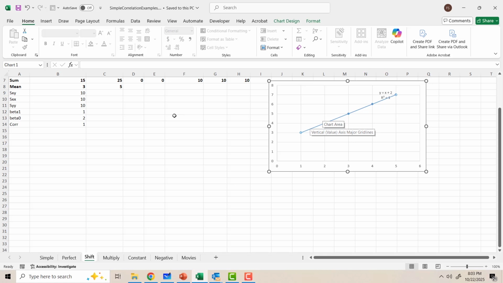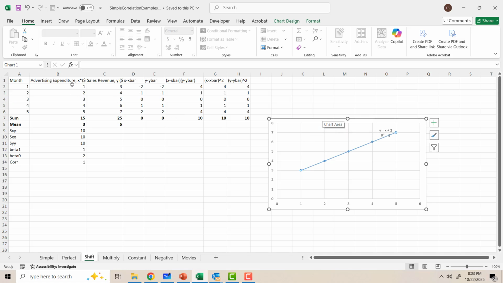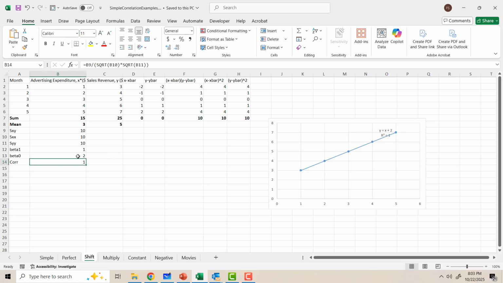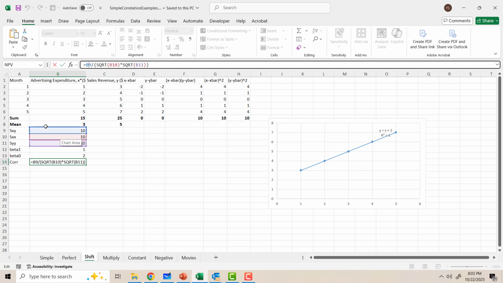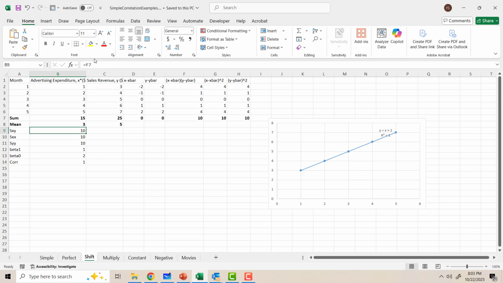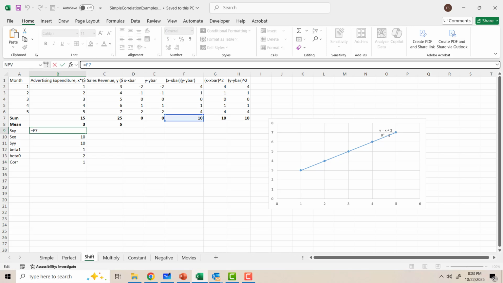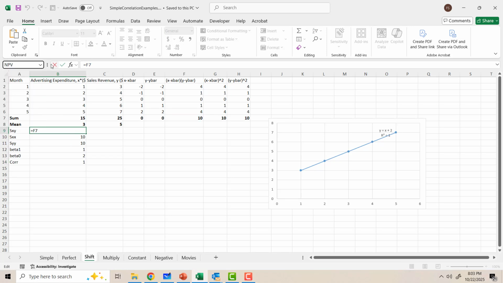Even if we shift this, so advertising of 1 is sales of 3, advertising of 2 is sales of 4, it's basically y equals 2 plus x. We still get this perfect correlation of 1. With each of these, I calculate the sum of squares for xy, which is the sum of x minus x bar times y minus y bar.